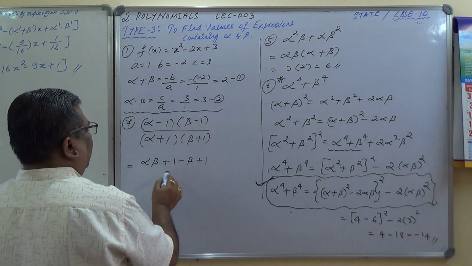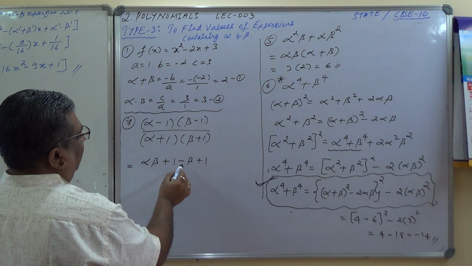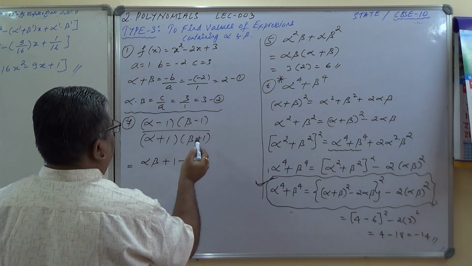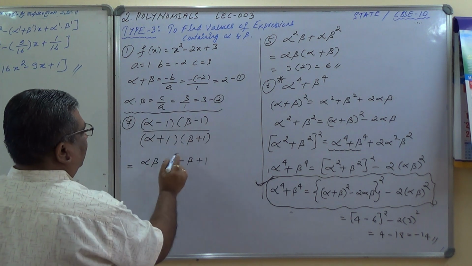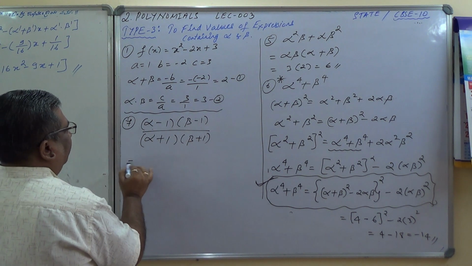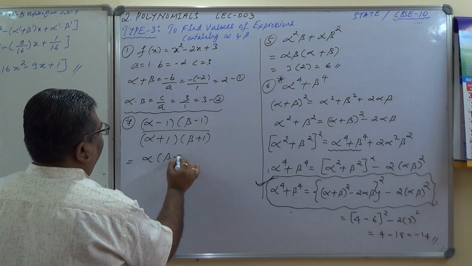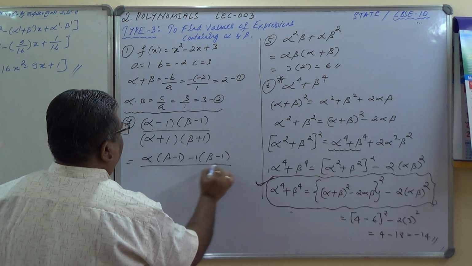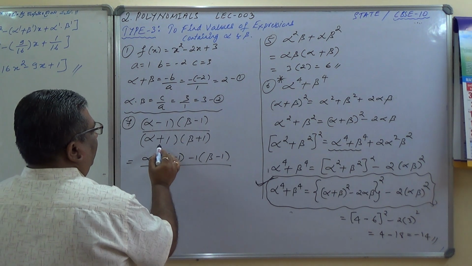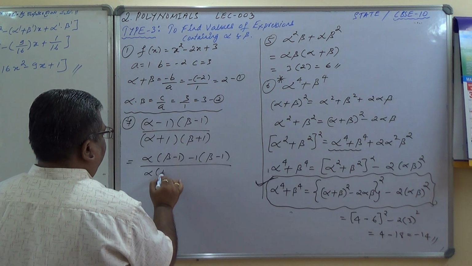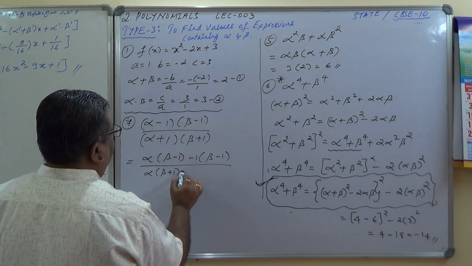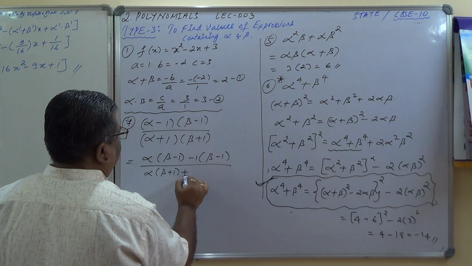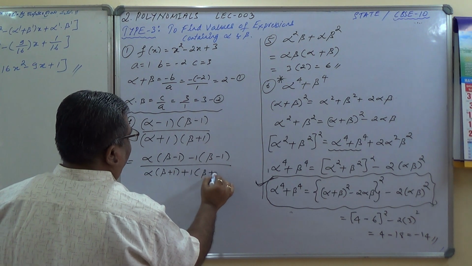Is it right? Are we getting here? Just a moment, let me work it out once again. Alpha times (beta minus 1) minus 1 times (beta minus 1), the whole divided by alpha times (beta plus 1) plus 1 times (beta plus 1).